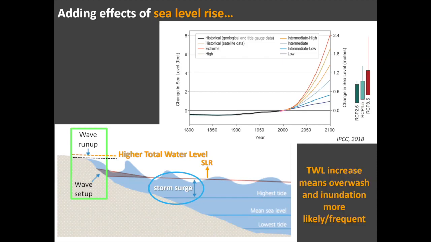And an increase in total water level leads to increases in the frequency, or the likelihood really, of overwash and inundation. So we'd expect to see more impacts in this realm in the future, because the same storms that we see now will be more impactful in the future due to higher water levels as sea level rise occurs.